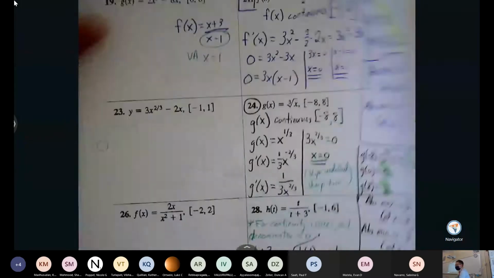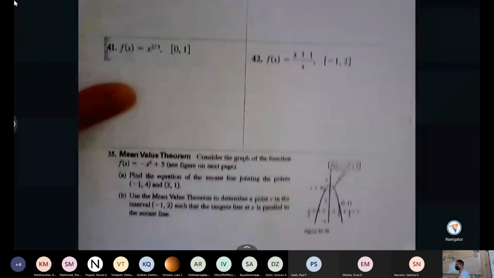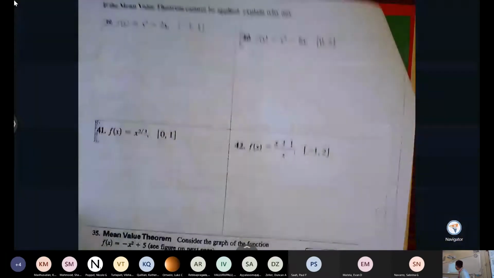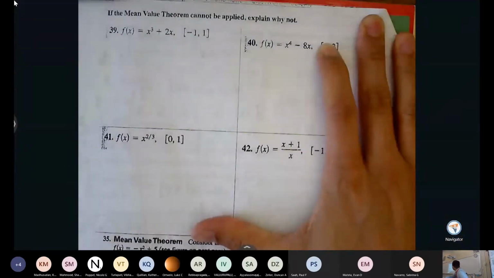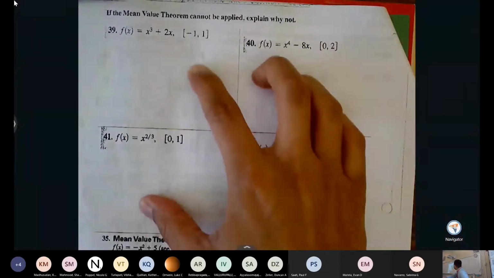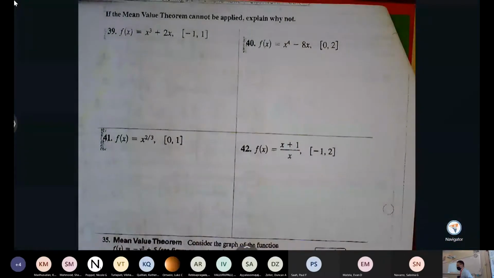Let's look at the next page, which is practice problems involving mean value theorem. Let me recap the big idea with mean value theorem, and we'll do 2 examples, and then we will start 3.3.